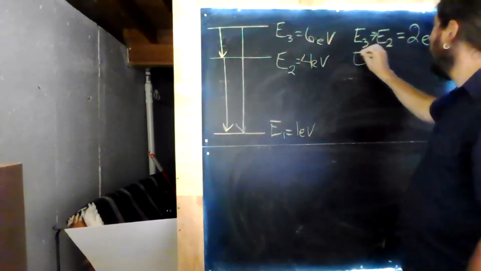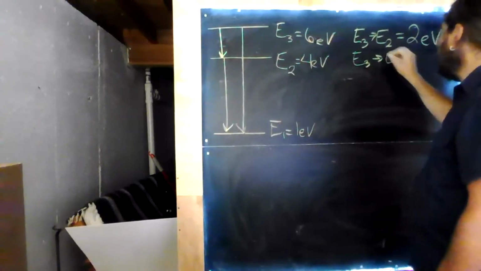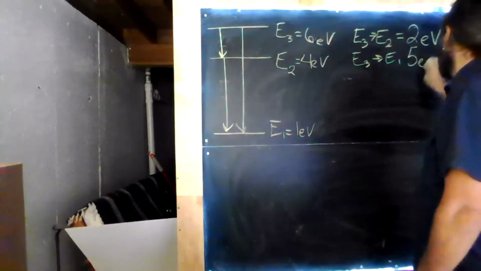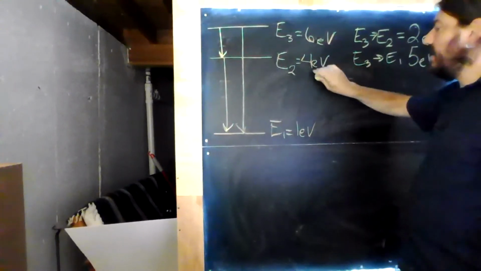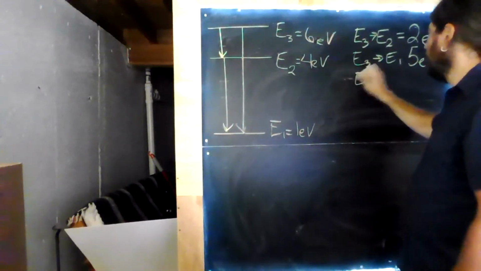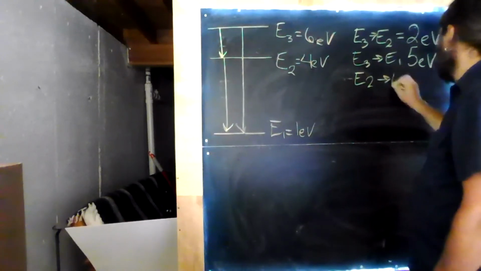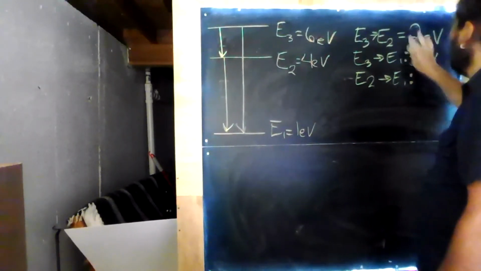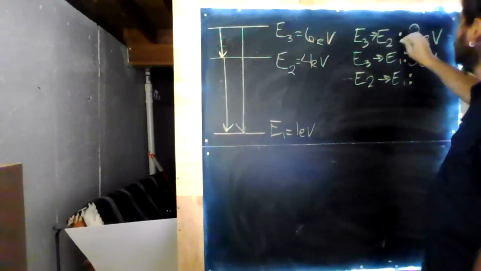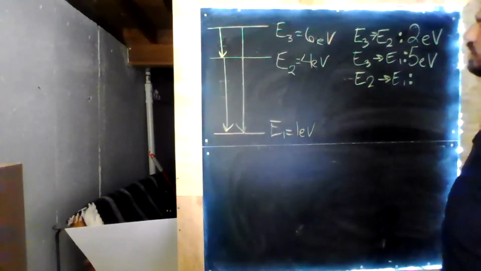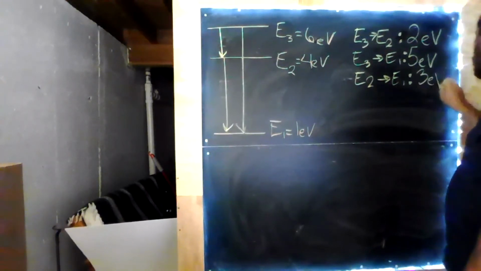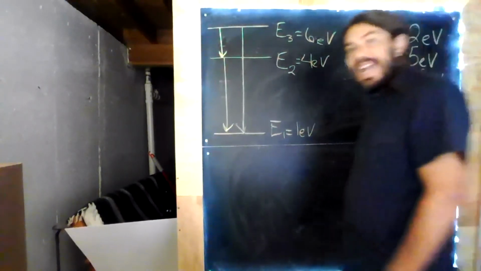We've got E3 to E1. That's 6 minus 1, 5 electron volts. And we could get E2 to E1, and E2 to E1 gives us what? 3 electron volts. Okay, so those are our photon energies.